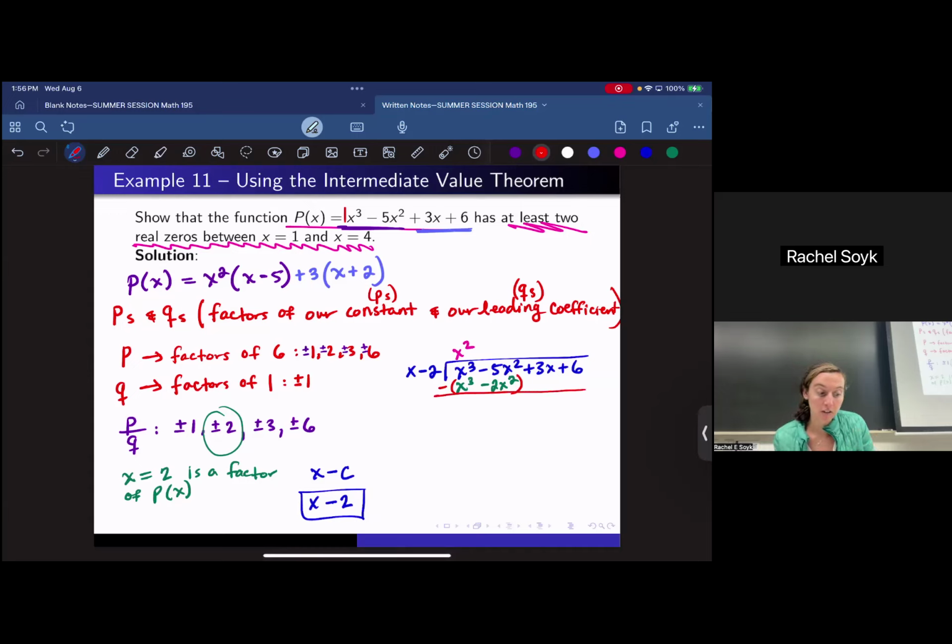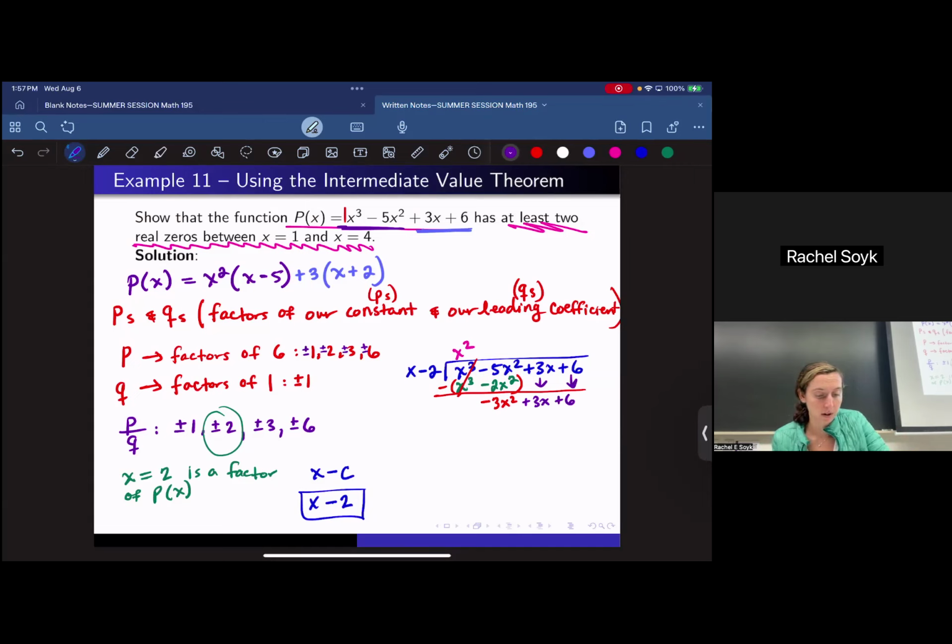Very similar to long division when you're just dealing with numbers. This will cancel out. These two negatives turn this to a positive. So we have negative 5x squared plus 2x squared gives you a negative 3x squared. And then we're just going to bring the rest of the terms down. So we have our plus 3x plus 6.